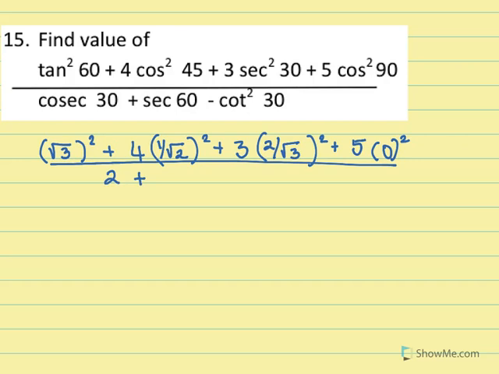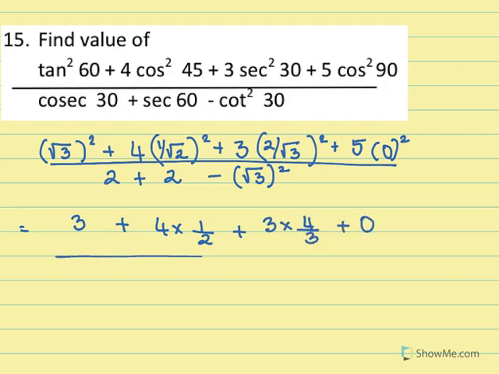Sec 60 is also 2, and here this is root cot 30, root 3 the whole square. So root 3 into root 3 is 3. This is 4 into 1 by 2 plus, this would be 3 into 4 over 3 plus 0 over here 2 plus 2 minus 3.